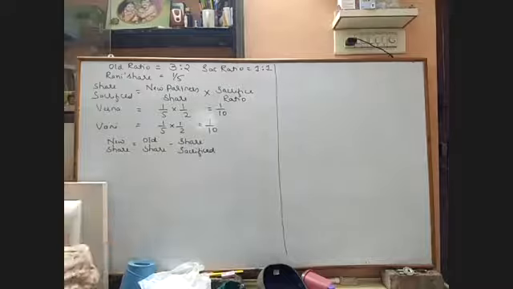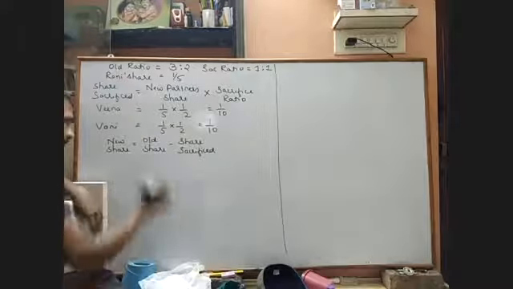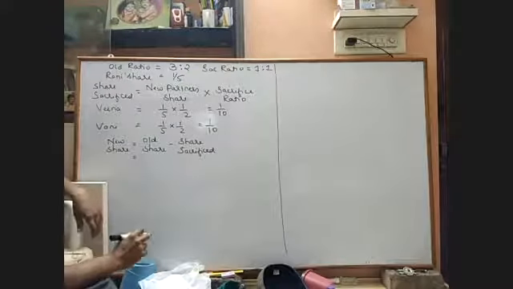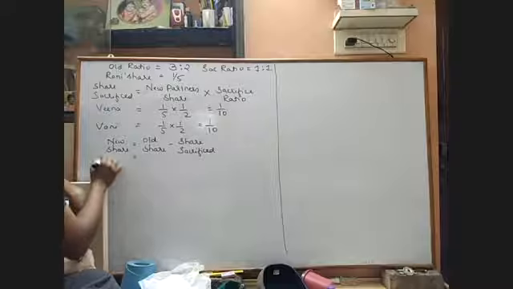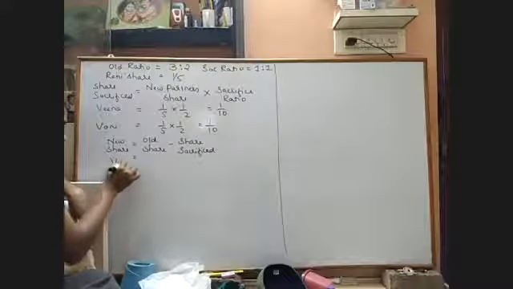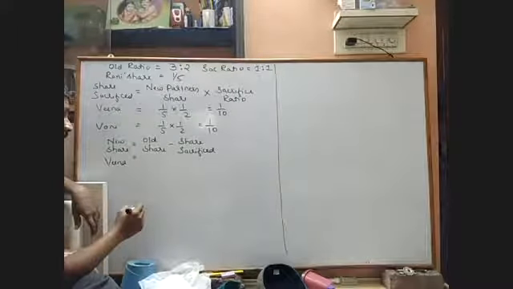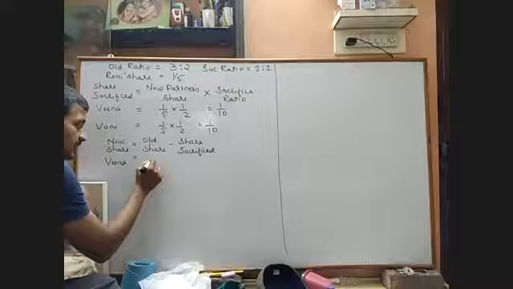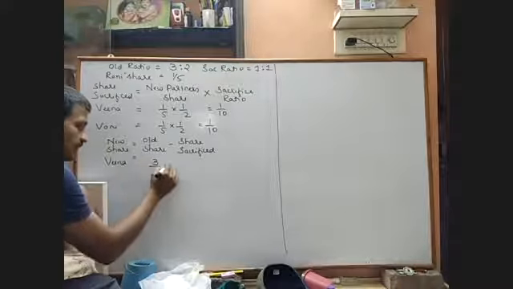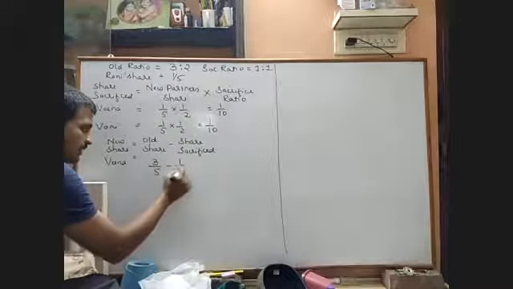Now, the first one is Veena: the old share is 3 by 5 minus 1 by 10.